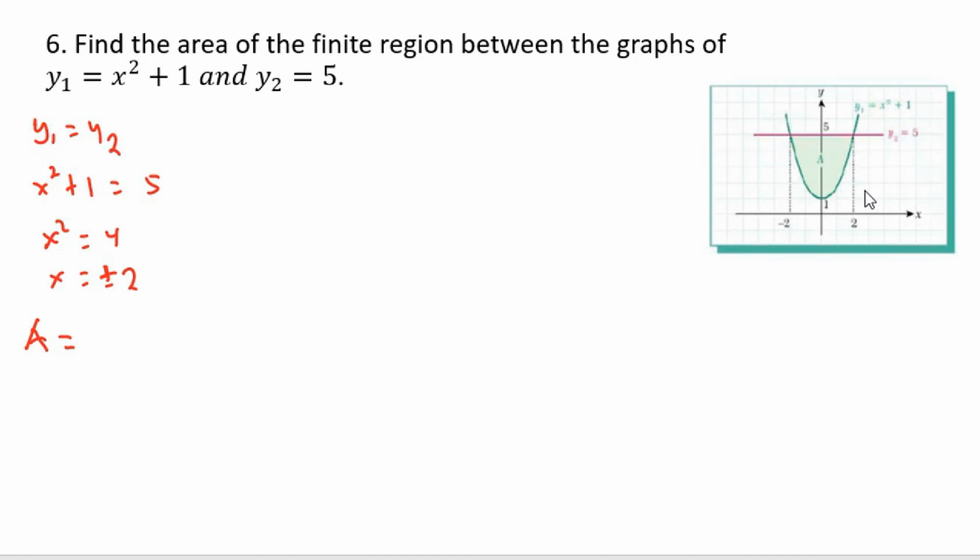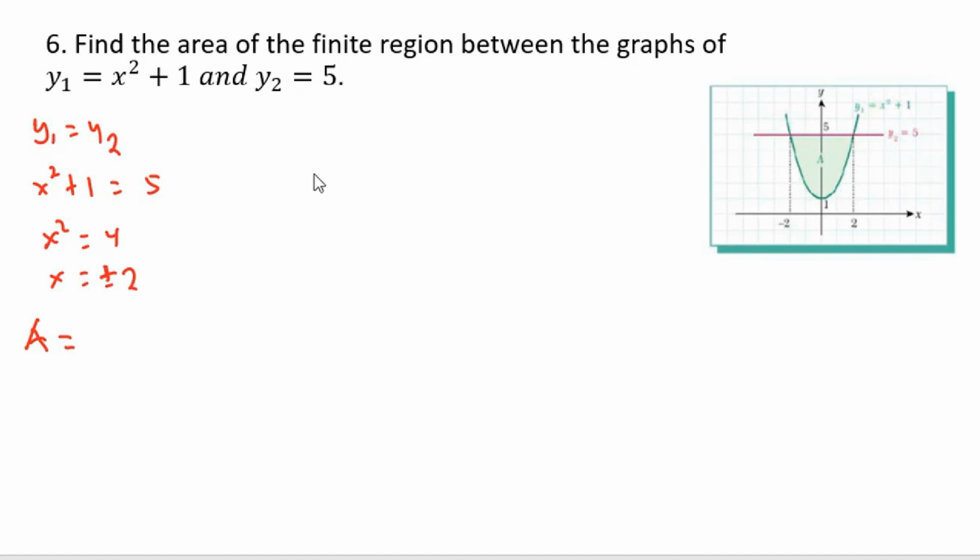There's another way to determine which one is the upper function and the lower function, by letting x be a value in between the limits, say from negative 2 to positive 2. So I will use x equals negative 1, since negative 1 is a value that is in between negative 2 and positive 2.